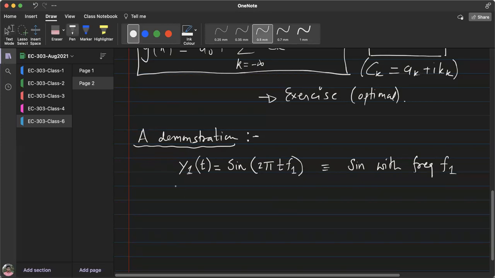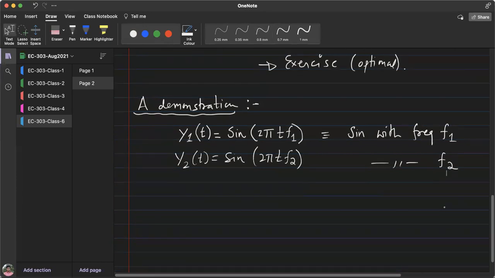Okay. Now let's consider another wave. Again, sine, to make life easy, I could have chosen cosine entirely. This is with f2. There are 2 waves, f1 and f2. Now what I will do is I will just superpose them.